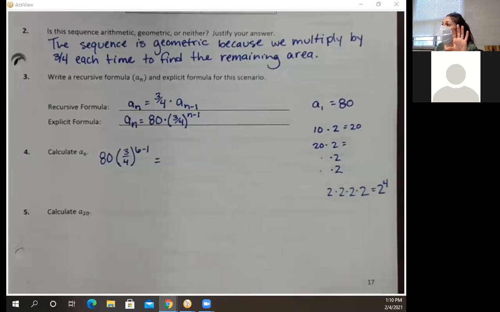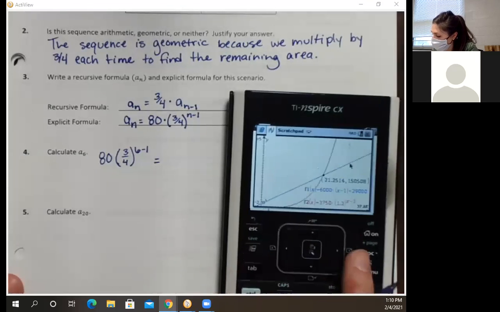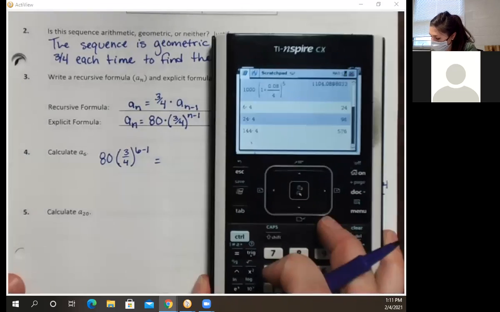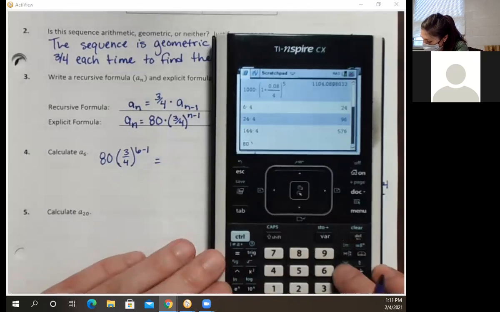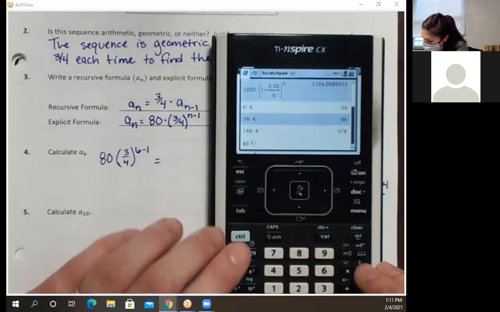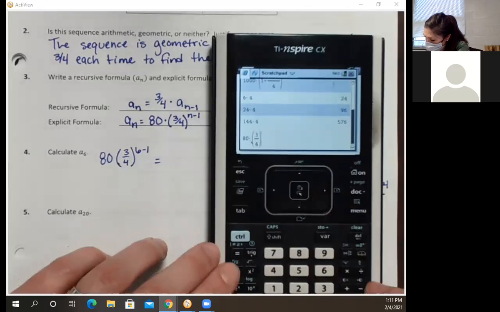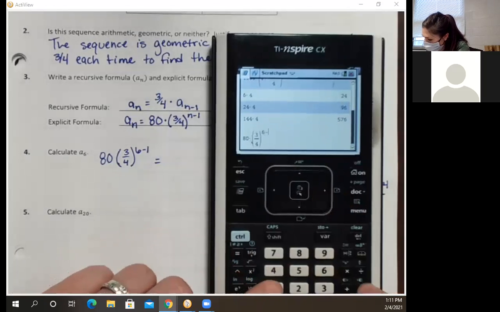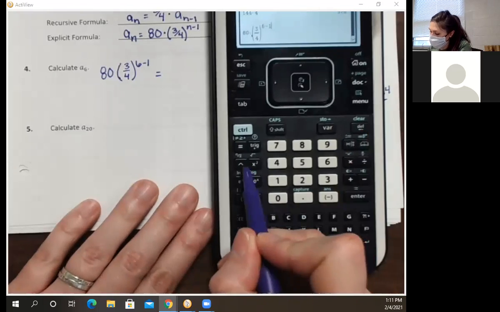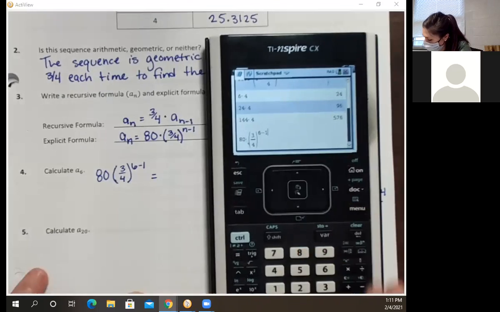So if it spit out a fraction for you, I would arrow up to select your answer and hit enter so you get it in the next line. And then if you arrow into the problem and put a decimal at the end, that will give you a decimal. I'll show you it on my calculator too. So if I type in 80 times 3/4 to the 6 minus 1, remember to get your exponent, it's this button that kind of looks like a mountain.